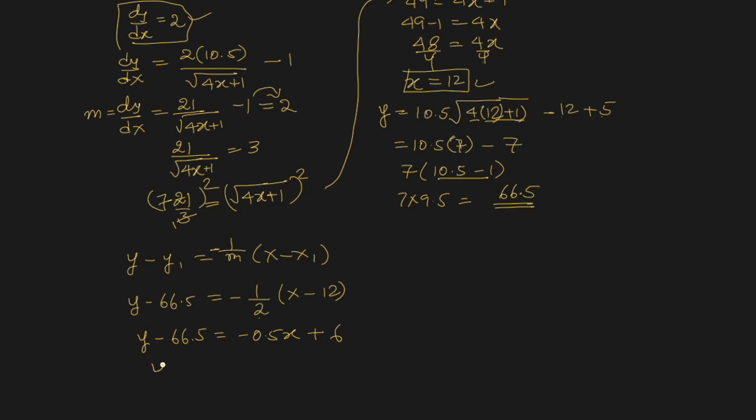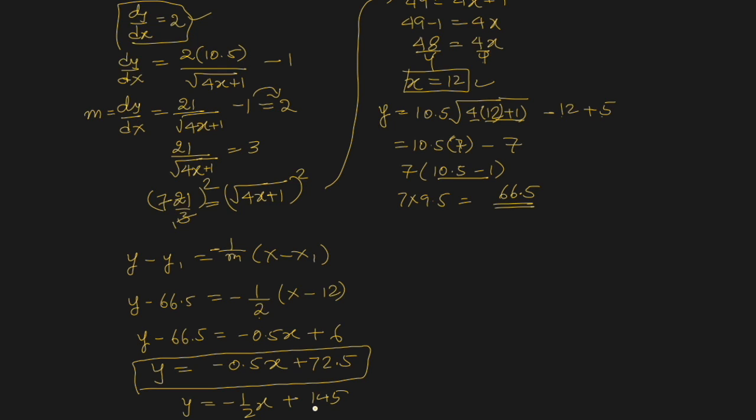So y equal to negative 0.5x, and this comes here, becomes positive, plus 72.5. If this is okay, you can leave it like this or make it a proper fraction. y equal to negative half x plus 145 over 2. This is the fraction version of this.